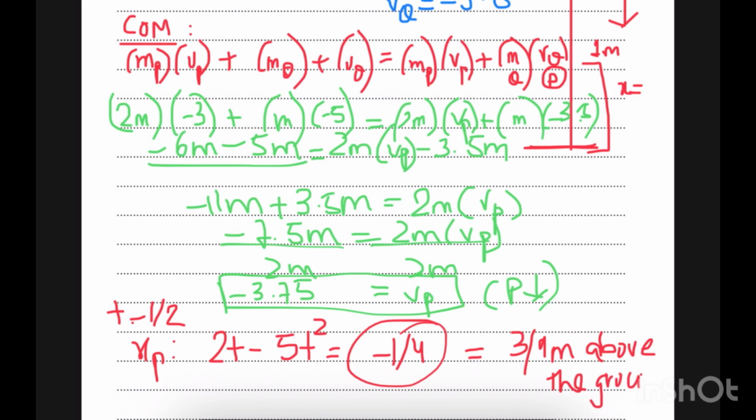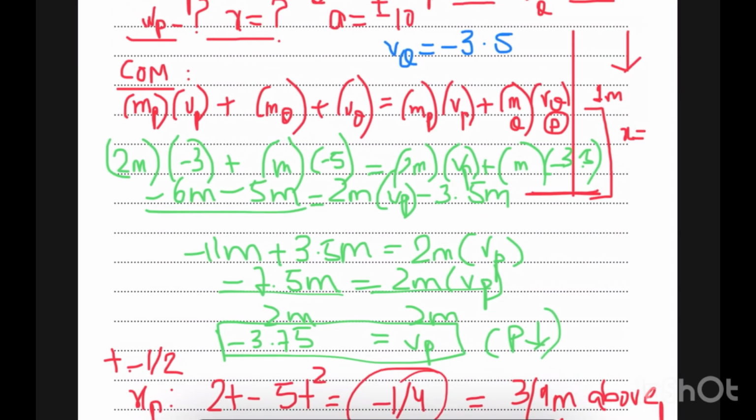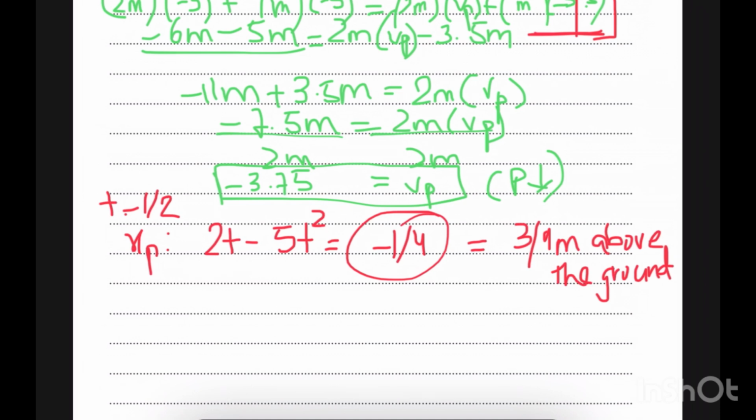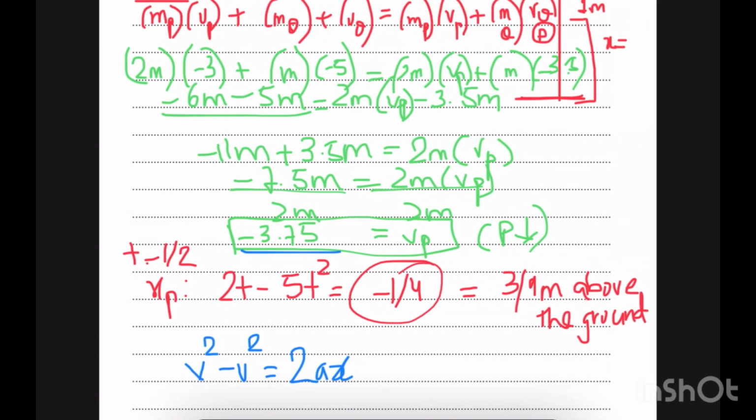So now we also have the distance and the acceleration. Finally we can use the v squared minus u squared is equal to 2ax formula. This 3.75 will become the initial velocity, which is the speed after collision, because now we have to find out the final speed at the end of this journey, from this point where the height was 3 over 4 to the point where height is equal to 0.